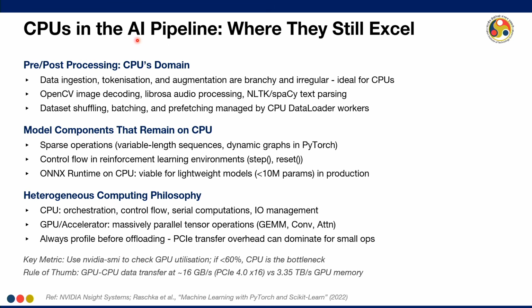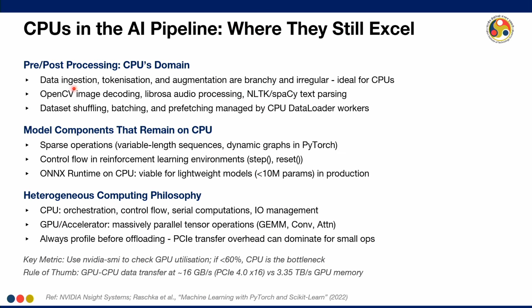So CPUs in the AI pipeline are not that obsolete, because for pre-processing and post-processing, CPUs are very crucial. You have data ingestion, tokenization, augmentation, branchy kernel execution, right? If you have OpenCV working on images and videos, you have to decode and augment the data.